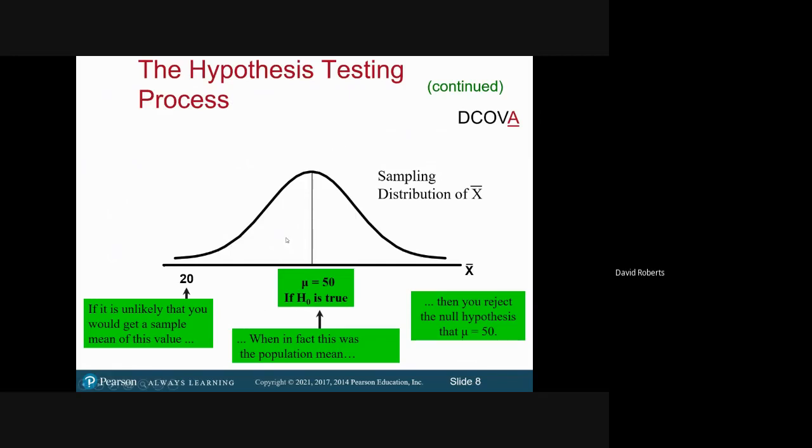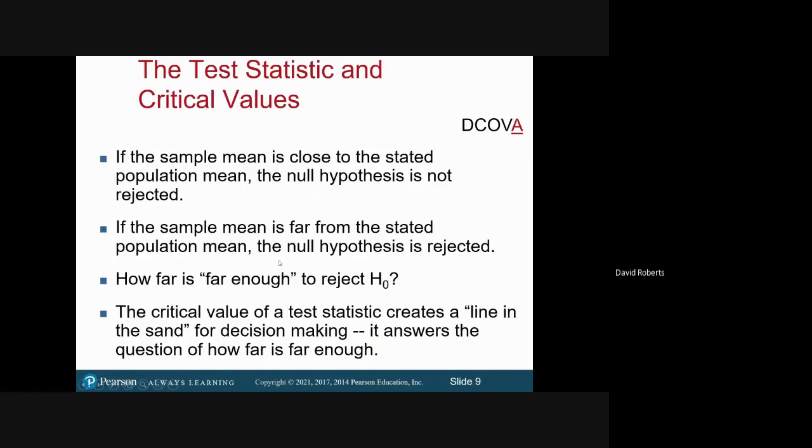Again, I could use a confidence interval to determine the lower limit. And if the 20 is below the lower limit, I would be pretty confident that it's not, but I'm going to use a hypothesis test. So is it far enough away? Point number 3, how far is far enough away to reject the null hypothesis?